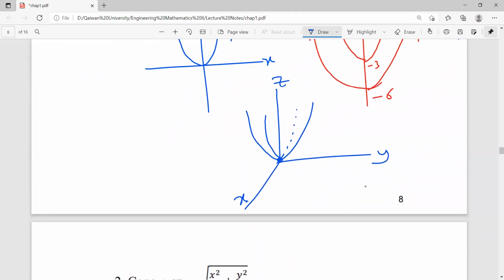Here it's 0, then you have this, and again we have this. This is the graph. We'll take a break for 10 minutes.